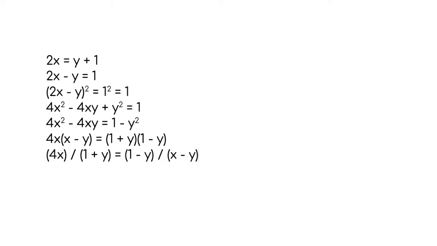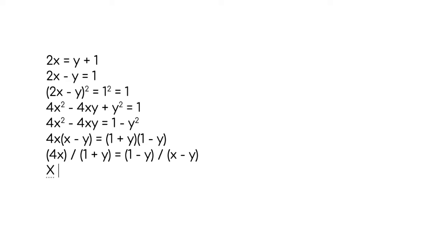Now you might recognize that on the right side, if we set x to 1, then it's going to make the right side cancel out very nicely, because both the numerator and denominator would become 1 minus y.